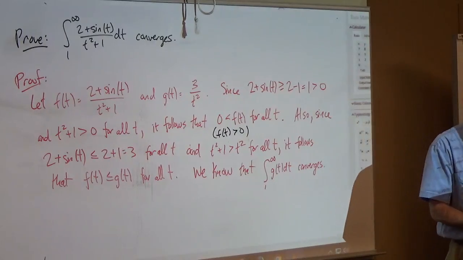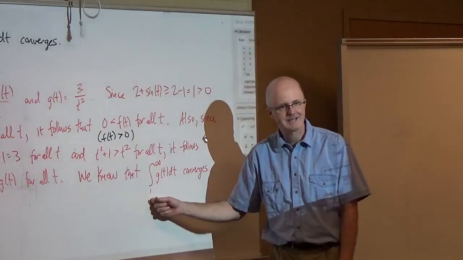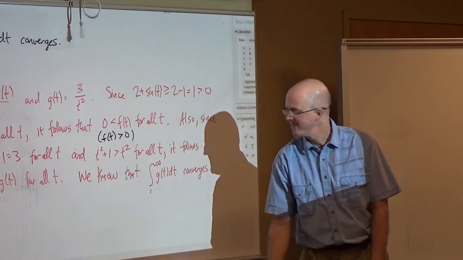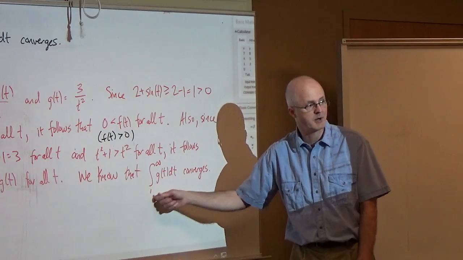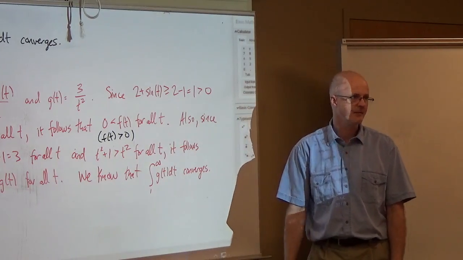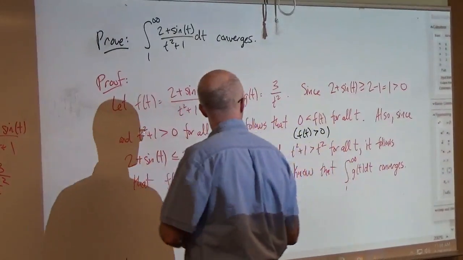Biggest place where people make mistakes here is they forget to put the integral sign there. I see it all the time, even when I'm warning you to make sure you put it there. The issue is not whether g of t converges or not, it's whether this improper integral converges. And you know it does converge. Make sure you put the integral sign there. And make sure you put the integral sign in what I'm about to write next.